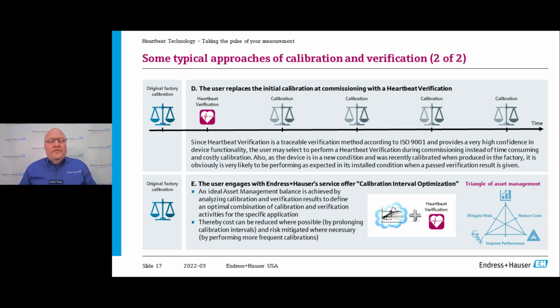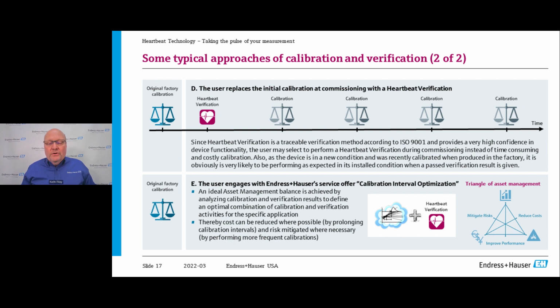All right. There's also the idea of new installations. It's common practice, once you get a new installation going, even though the instrument came straight from the factory, to use a calibration before you start up. Now, if you've got the calibration report from the factory showing everything's good, it's possible to run a heartbeat verification at this point and use that instead of that time-consuming calibration.